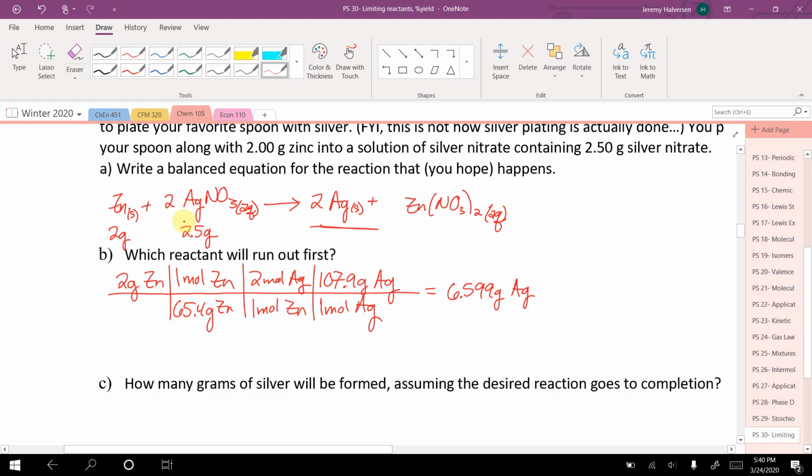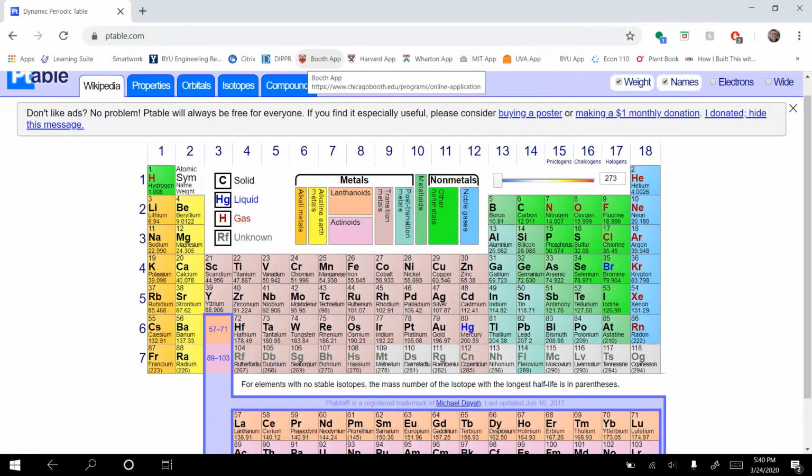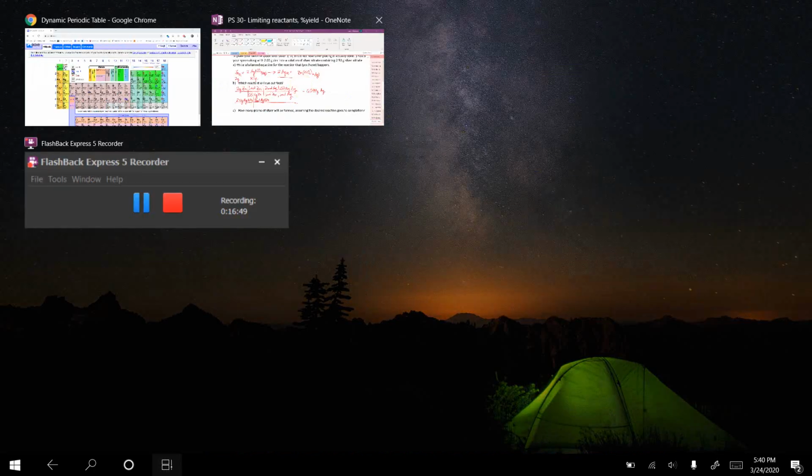Okay, now I'm going to figure out how much silver I get from my silver nitrate, which I have 2.5 grams of. The molar mass of AgNO3 is going to be 107.9 plus N plus 3 O's. That gives me 169.9.